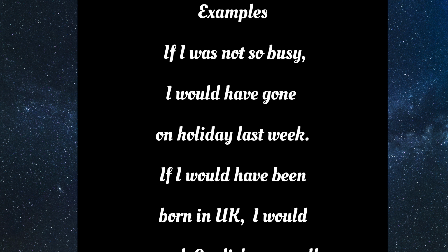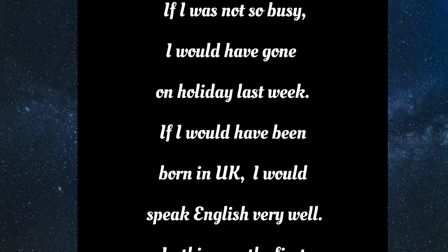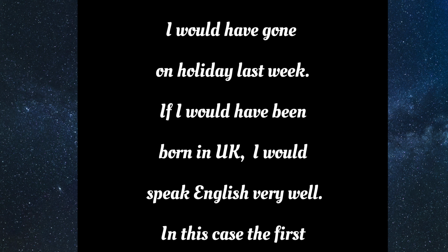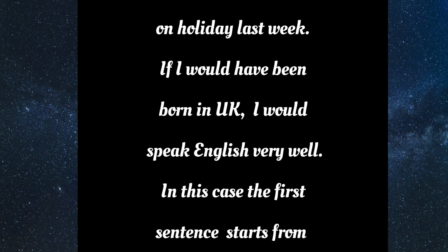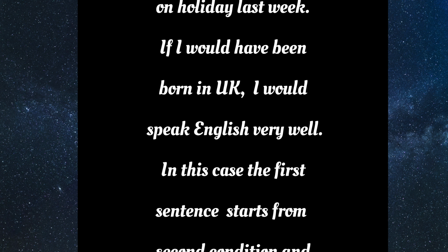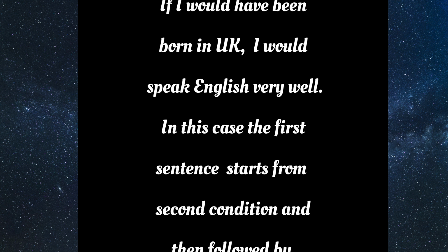The next sentence is, if I would have been born in the UK, I would speak English very well. In these cases, the sentence starts with the second condition and is then followed by the third conditional.